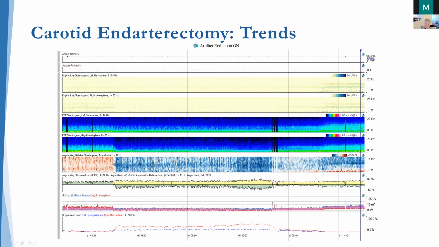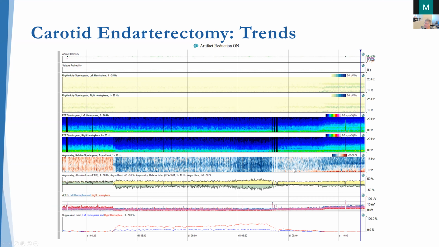Here's where the carotid was clamped, and we see a sudden switch to more power over the left hemisphere. Actually, this was driven by a decrease in power over the right hemisphere. So now there's more activity, particularly in this sort of theta alpha range over the left hemisphere. This worsened over the course of the recording to a greater asymmetry.